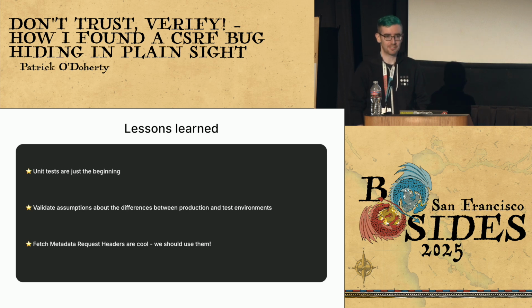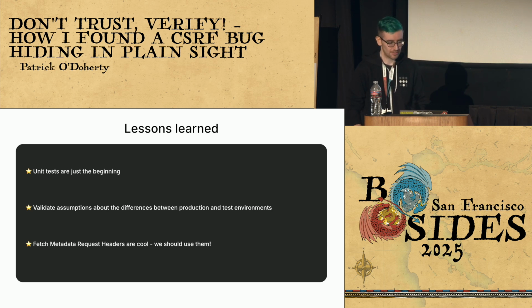We should validate the assumptions on the differences between our test, development and production environments. Here, there was only one bit of information that differed, but it was crucially the bit that mattered to make this middleware effective. Again, we should really just do the experiments and empirically measure rather than make assumptions.